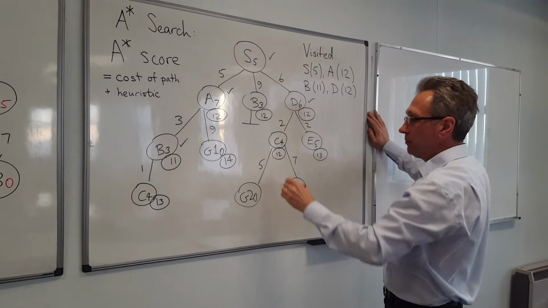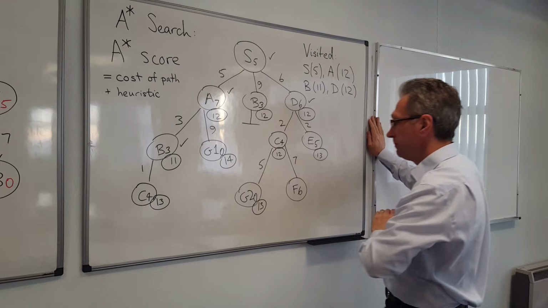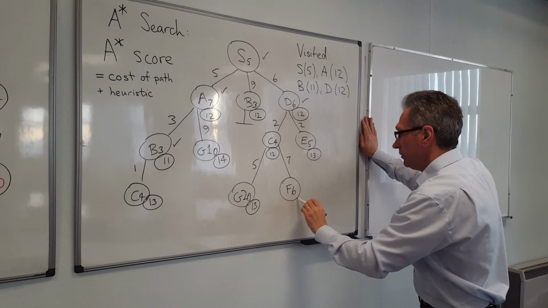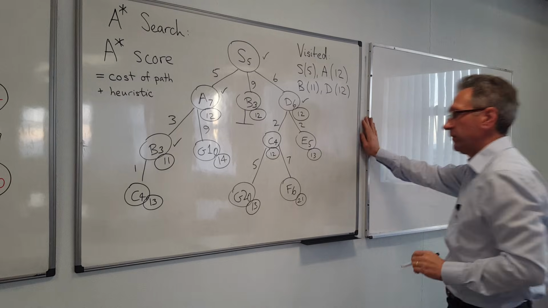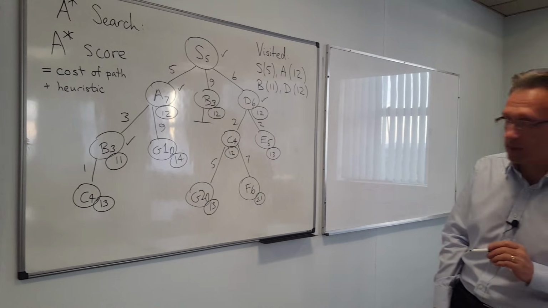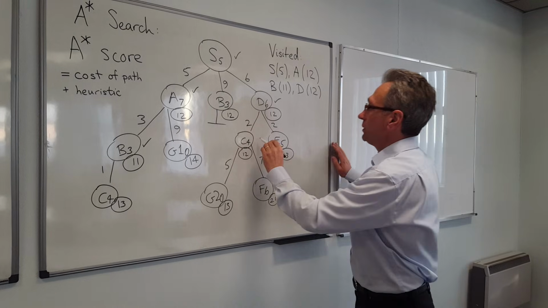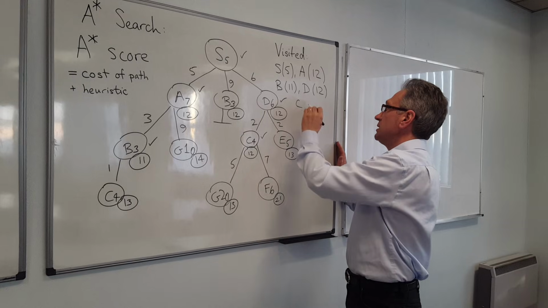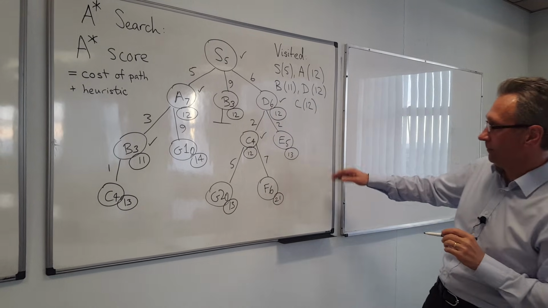So it's 8 plus 5 plus 0 is 13. And 8 plus 7 is 15. 15 and 6 is 21 for that branch there. So that's our most expensive branch so far. Give C a tick and add it to the visited list. So C has been visited for a cost of 12.